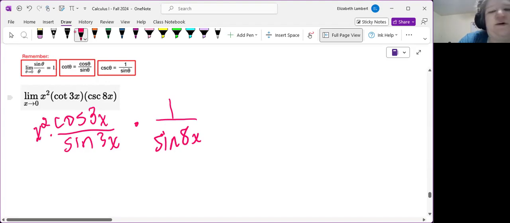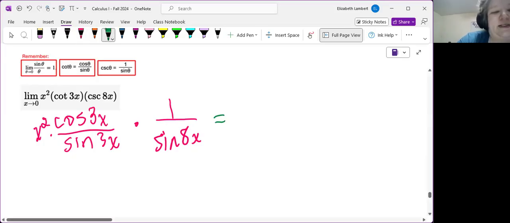So our cosine here, totally fine. We plug in 0, cosine of 0 is 1. So we're good with that guy. Whenever we're ready to evaluate the limit, he'll be fine. But the sine 3x and sine 8x, those need some x's, which we already have, so we don't have to do creative multiplication to get them in. We just have to rearrange.